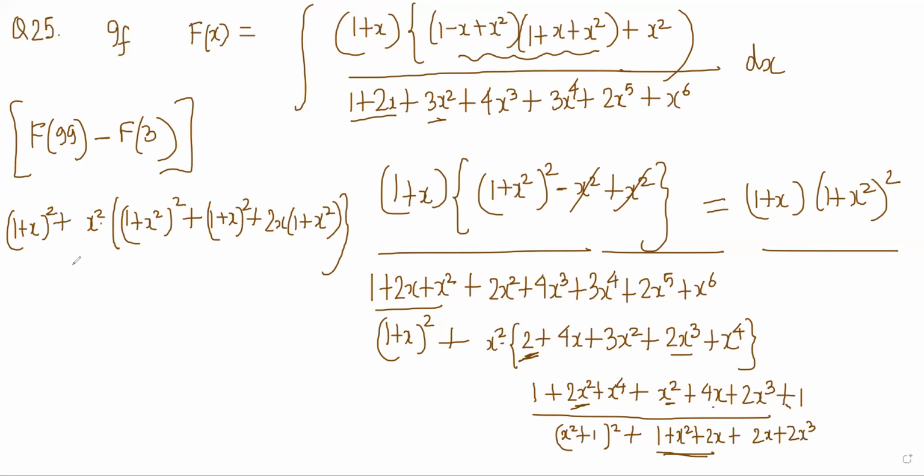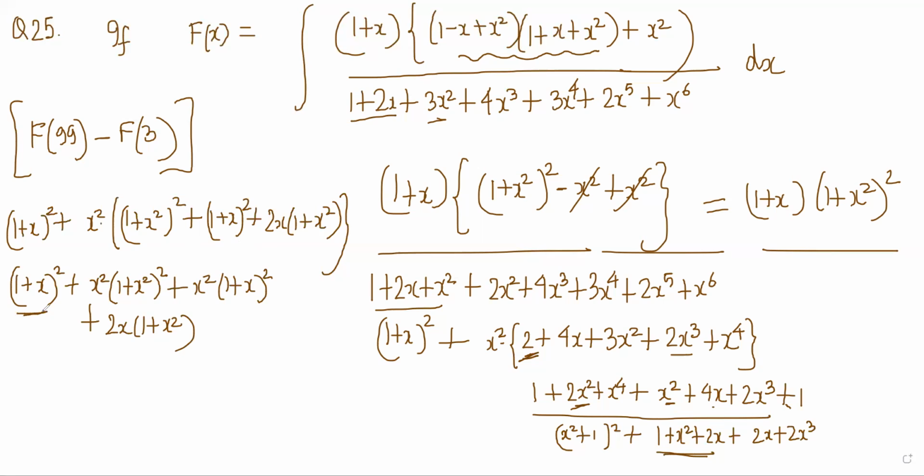So we have 1 plus x whole square plus x square 1 plus x square whole square plus x square 1 plus x whole square plus 2x 1 plus x square.